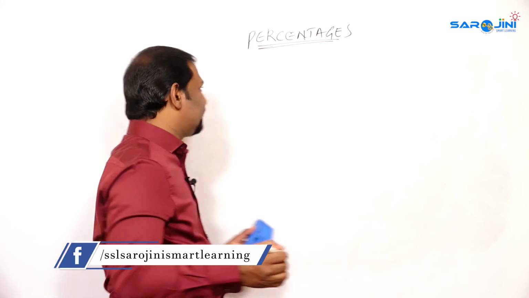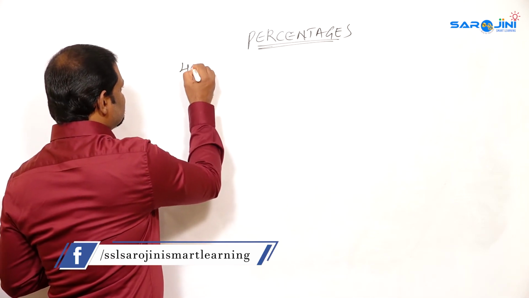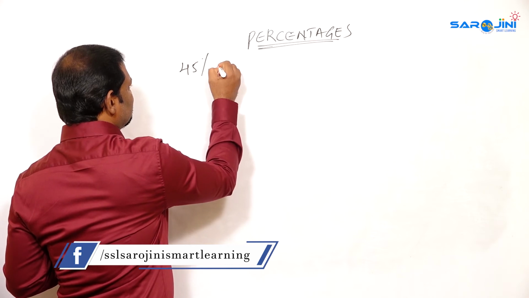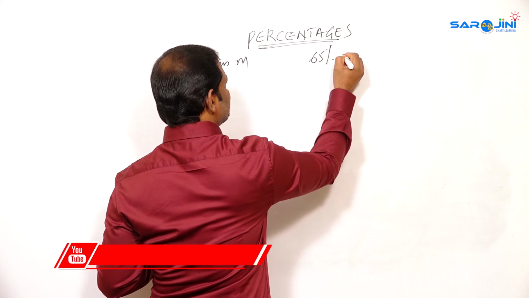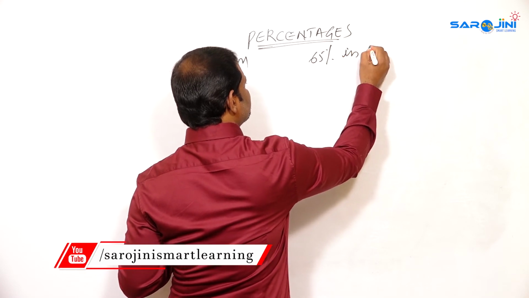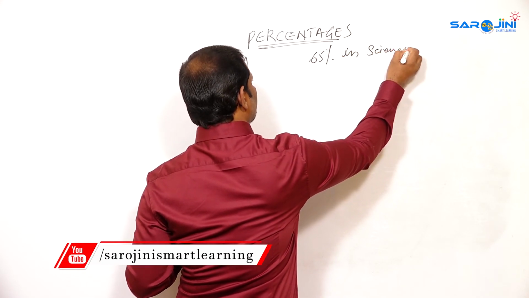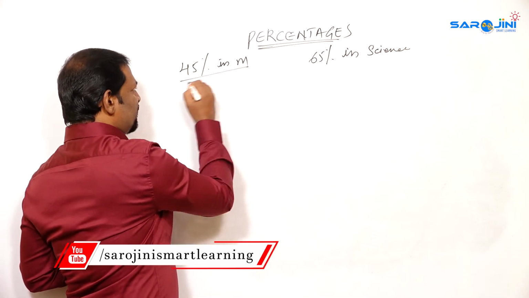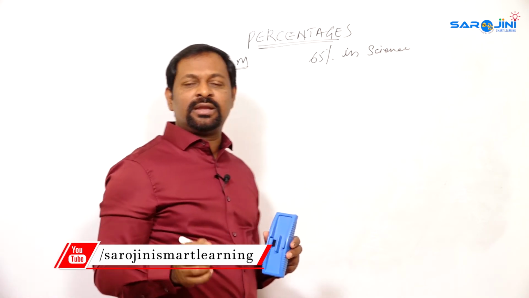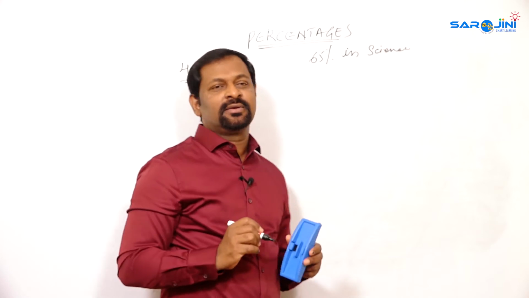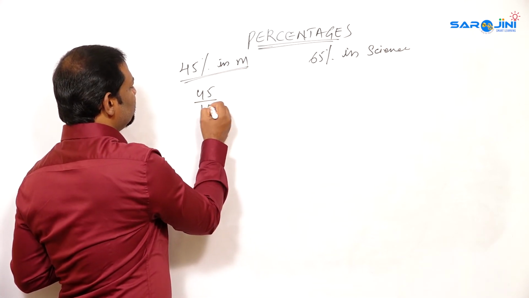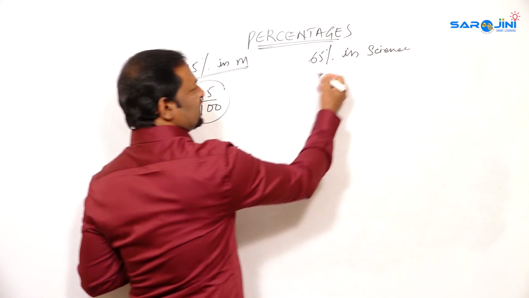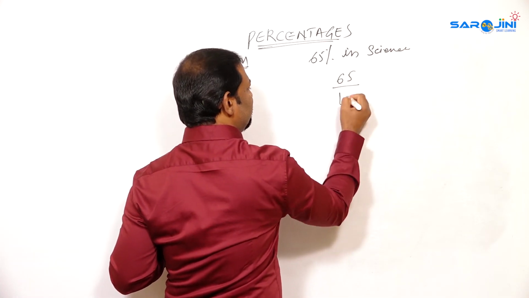So people will say that I got 45% of marks in maths, 65% in science, suppose. Generally the marks at school level or college level are calculated out of 100. That means 45% is nothing but 45 by 100, and 65% means 65 by 100.